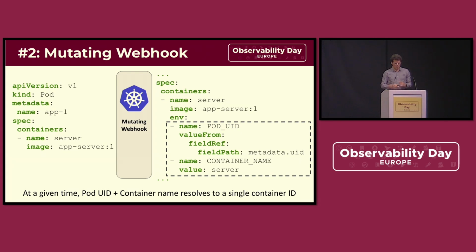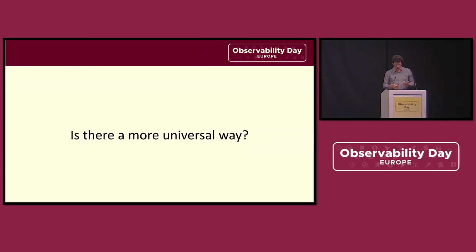So we kept looking and we kept wondering, would there be a better, more universal way to do that? And the idea we had was, is there information that could be a kind of proxy information? Okay, we don't have the container ID directly anymore, but is there information that we can easily get from within the application and that, being received by an agent on the host, could be mapped back to a container ID?